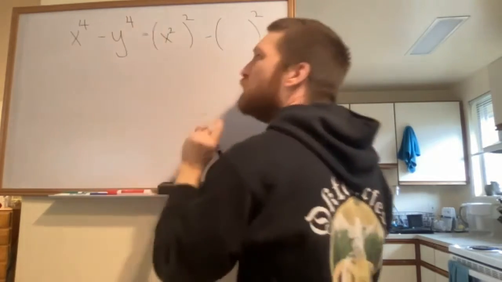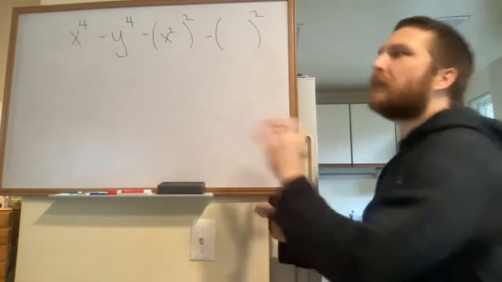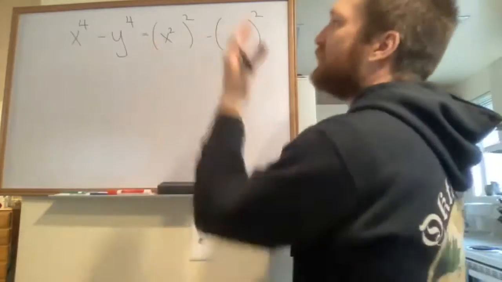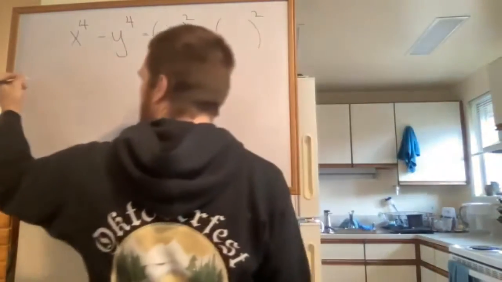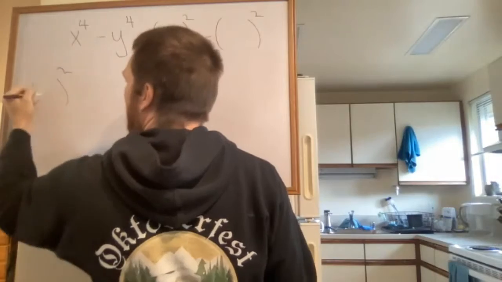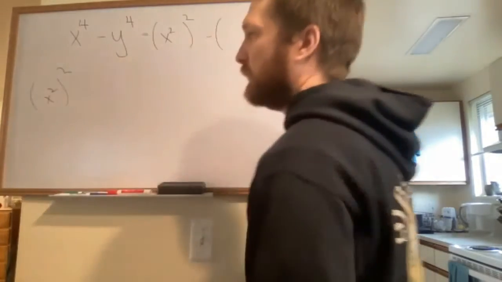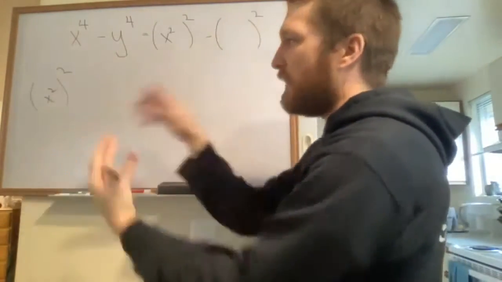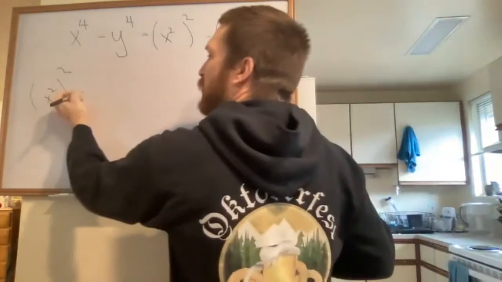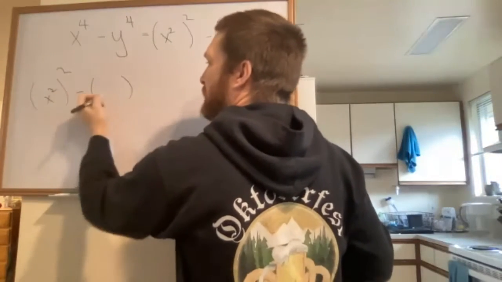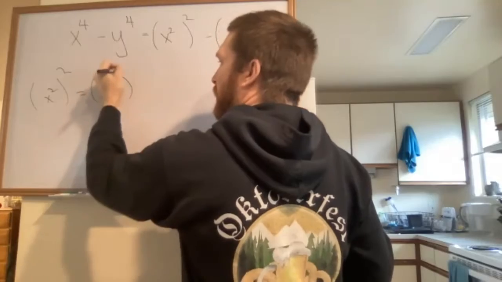Exactly. And if you're not sure about that, let's say you write that down and you go, wait a second, is that true? Just take a second and check it. I've just proclaimed that that's true. We could go either way. Let's do the inside first. x squared is the same thing as x times x, then squared.